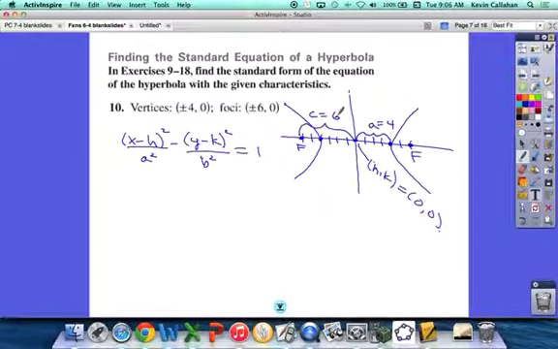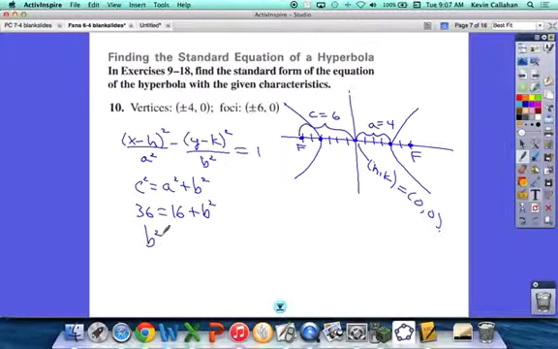Now, in our standard form of equation, we need h, k, a, and b. We still need the b. How are we going to find the b? c squared equals a squared plus b squared. So c squared equals a squared plus b squared. c squared will be 36. a squared will be 16, plus b squared.